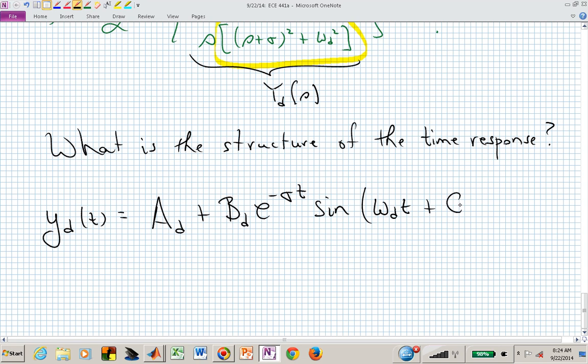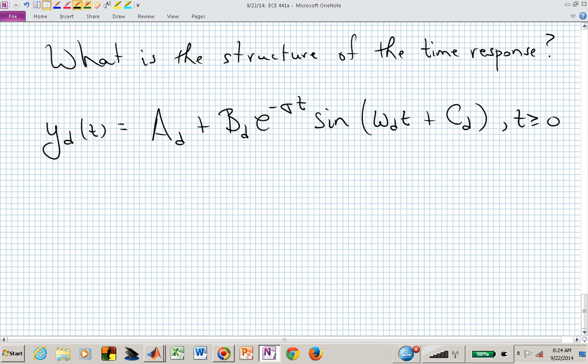Let me call this now some angle c sub d, t greater than or equal to 0. What's that look like in the time domain? A damped oscillation shifted up, essentially.